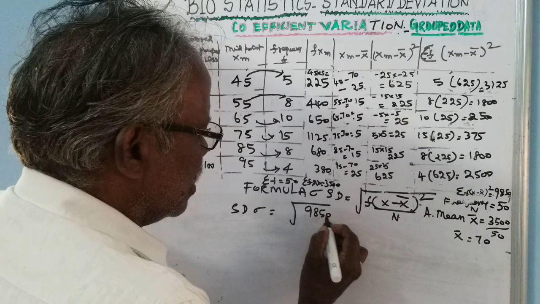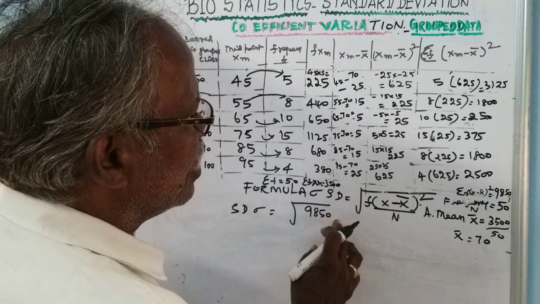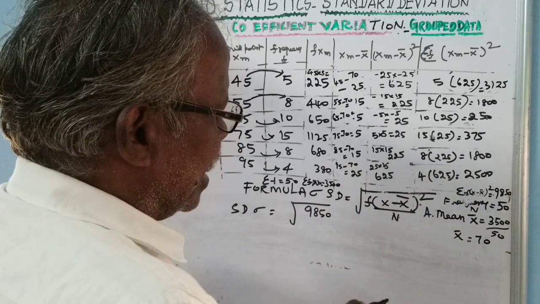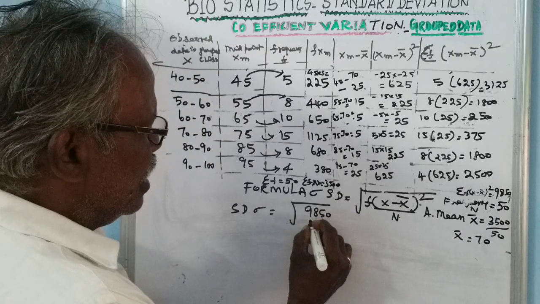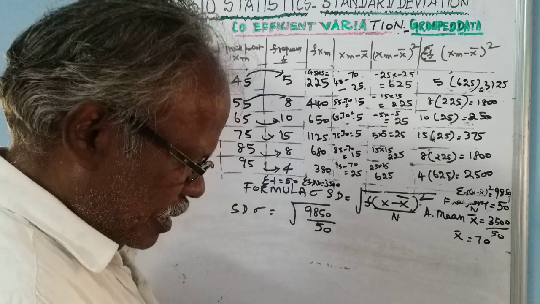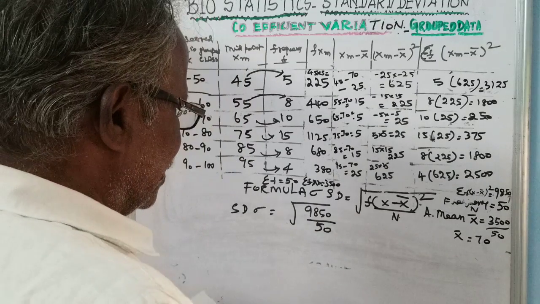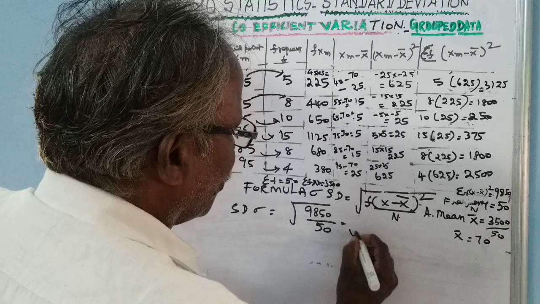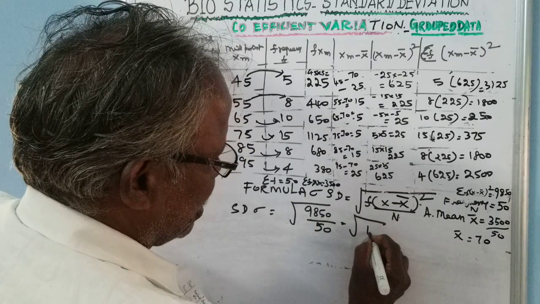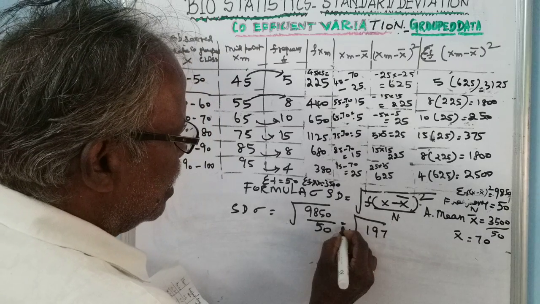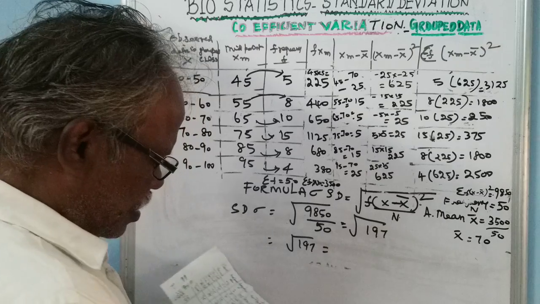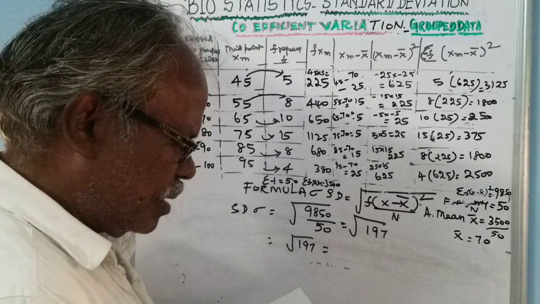The sum of f is 50. That 9850 should be divided by 50. 9850 divided by 50 is 197, and we take the square root of 197, which is equal to 14.